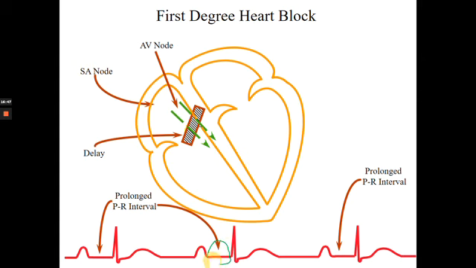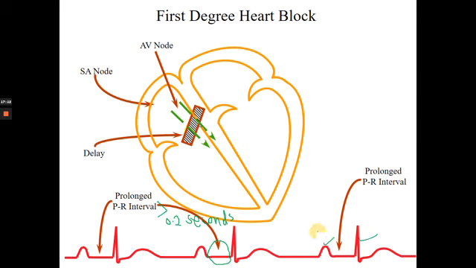It is more than 0.2. Prolonged PR interval, more than 0.2 seconds. But each P here is followed by QRS.